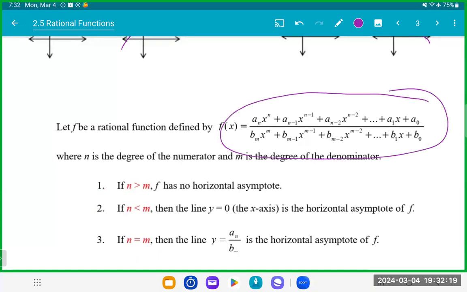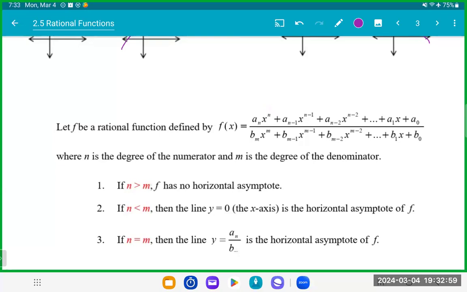This looks confusing, it's a lot of gibberish, but at the end of the day, it's just saying if I have some constant value raised to, this would be something like 5x to the 4th, where a sub n is equal to 5 and n is equal to 4. So that's the constant a sub 4 and it pairs with the x to that n. Okay, just a notational thing.